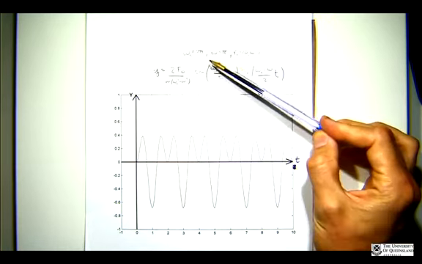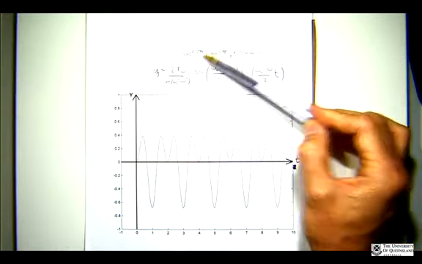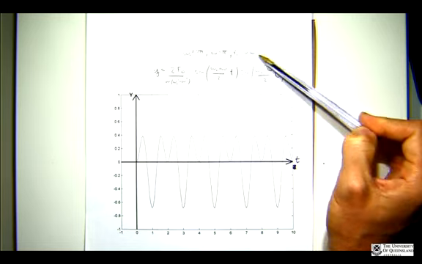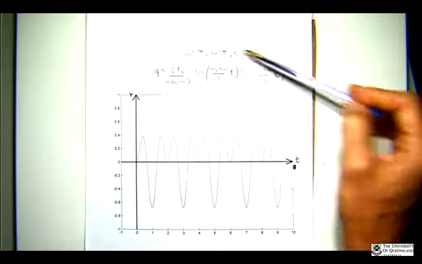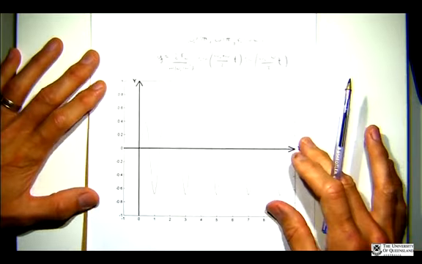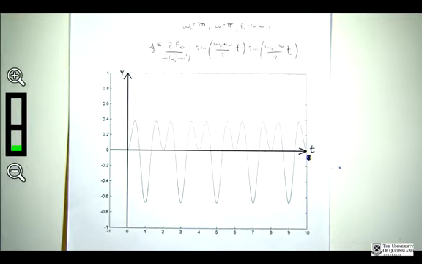I don't know if you can read my writing, I've zoomed out a bit far, but omega naught is 2 pi, omega is pi, f naught is 10, and m is 1. Those are the values I've used in this formula, and that's what the oscillations look like for that particular case.